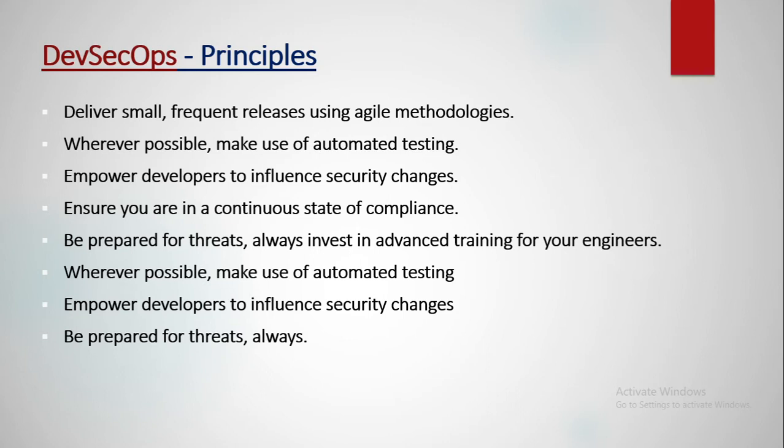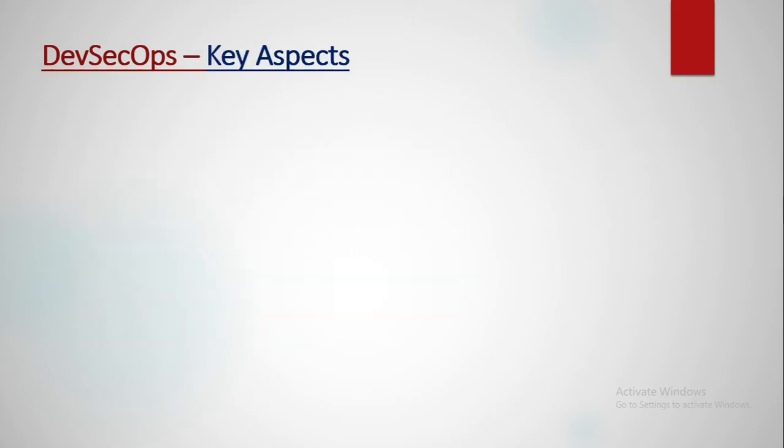Also use agile software principles and prefer small, frequent and incremental updates to larger separate releases. Finally, security risks to the underlying infrastructure need to be measured and quantified, because only then can we understand the overall security impact and risk to the software application. That's all about DevSecOps principles. Now we will move to the next slide.